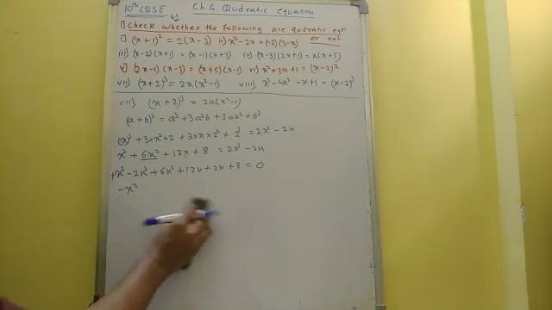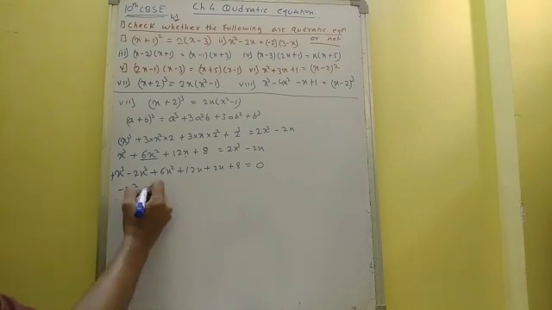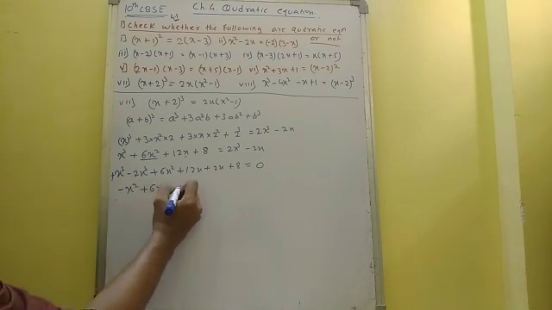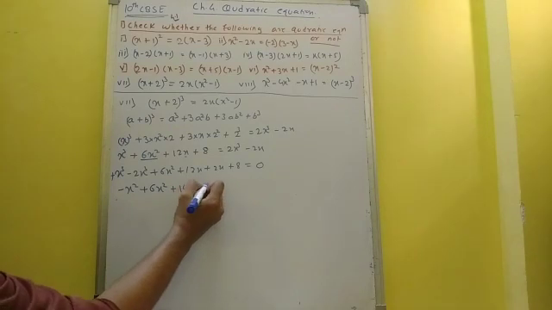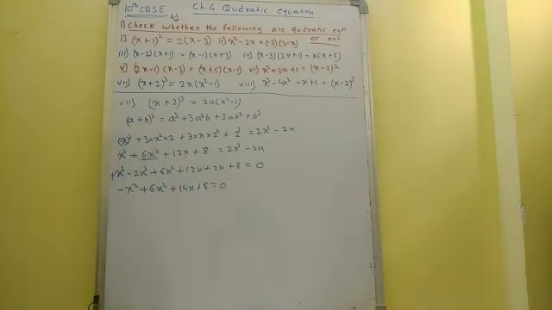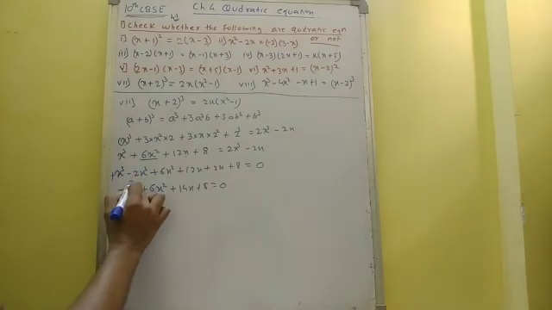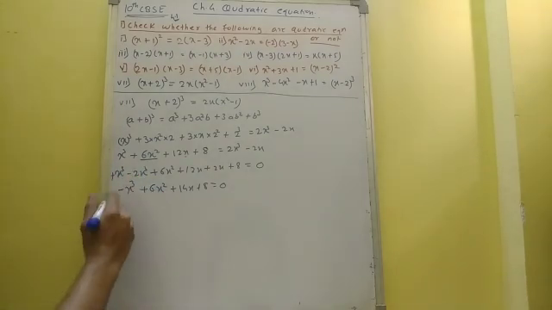Therefore it is minus 1 over here, plus 6x square plus 14x plus 8 is equal to 0. So here it is x cube. So index is 3.